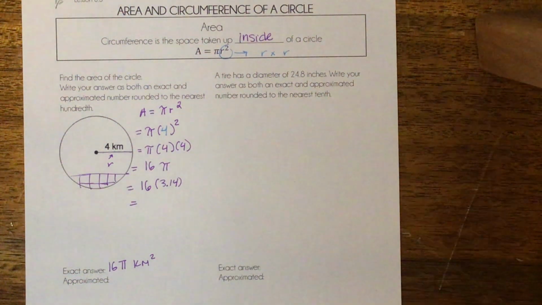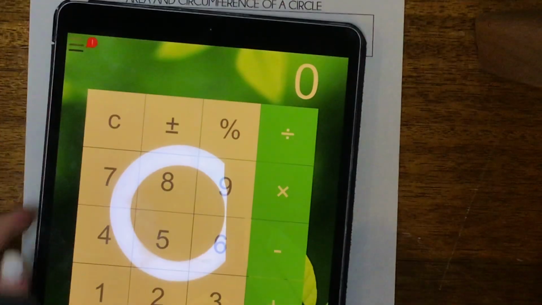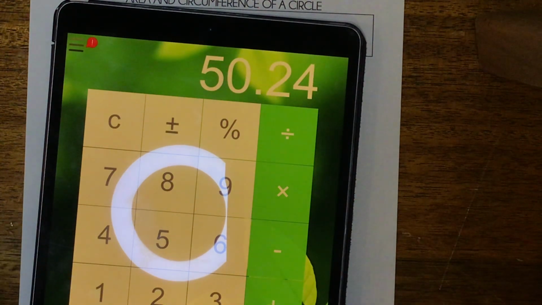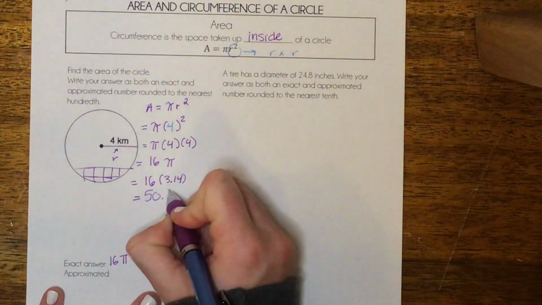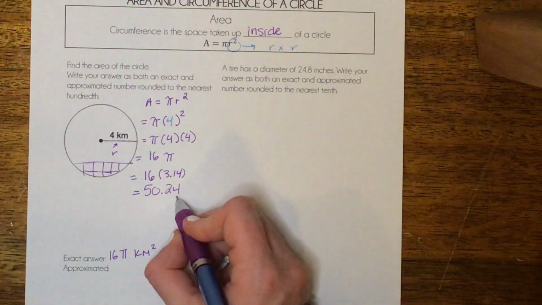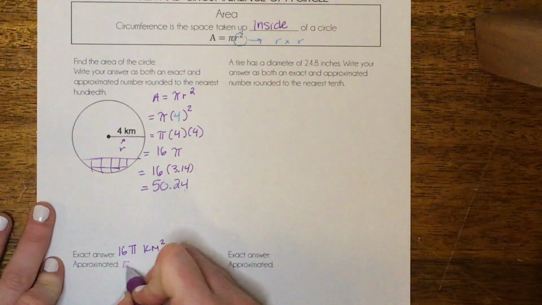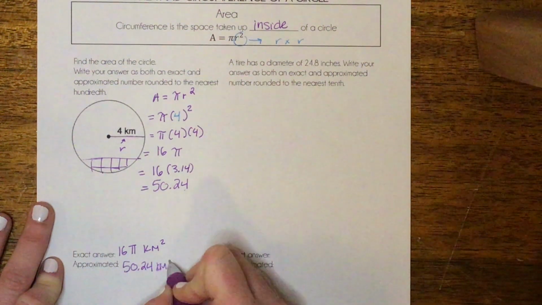And going to my huge calculator, 16 times 3.14 is 50.24. That already stops in the hundredths place. I don't need to round it. Kilometers squared.